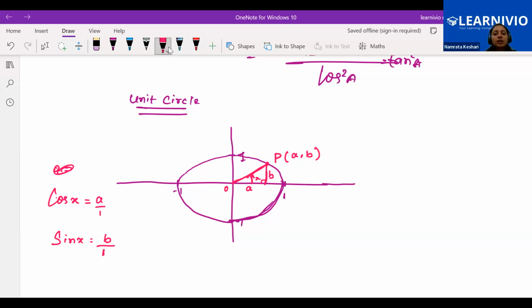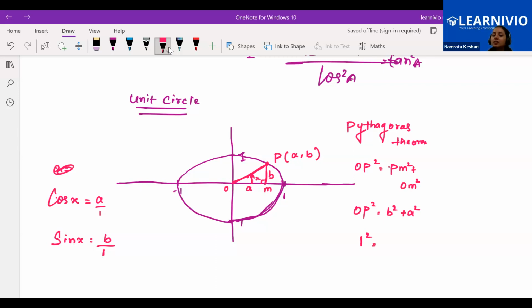And from here, if we use the Pythagoras theorem in this right angle triangle, then the hypotenuse OP square is equal to PM square plus OM square. That means OP square is B square plus A square, and OP is 1.